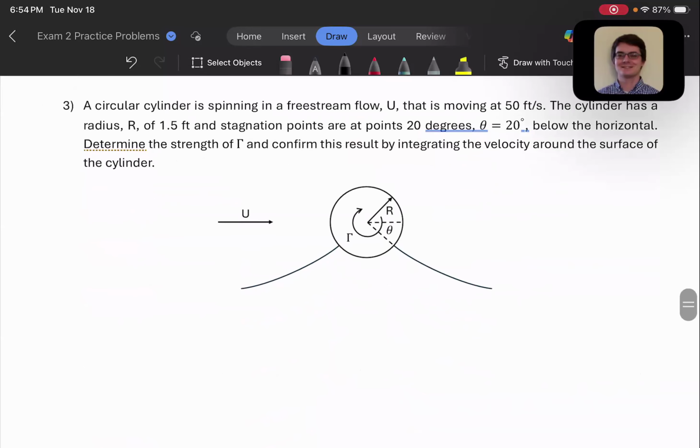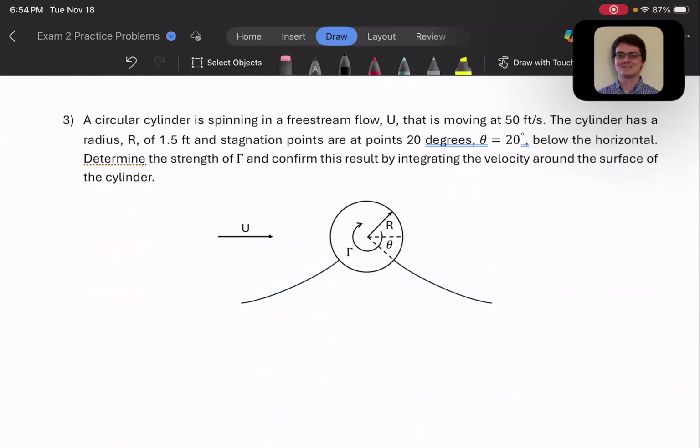Okay. So another potential flow problem. And maybe this will scratch the itch for trying to do homework, problem 4 of the last homework. So we have a circular cylinder spinning in a free stream that is moving at 50 feet per second. The cylinder has a radius of 1.5 feet, and the stagnation points are 20 degrees below the horizontal.